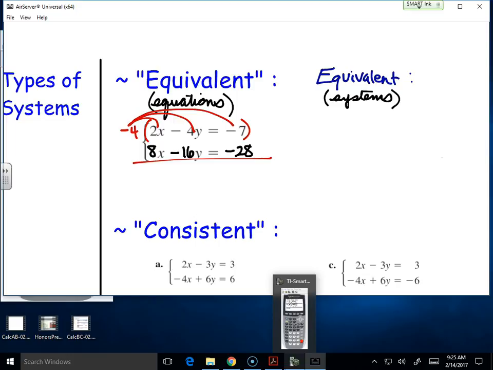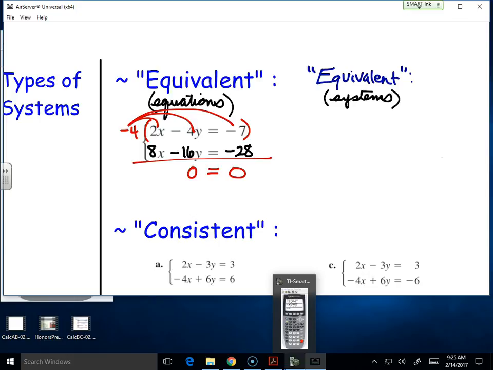And that would be +28, which would cancel. We would end up getting 0 equals 0. When you have equivalent equations in a system, they're going to cancel out because they mean the same thing. They just have different coefficients, but they represent the exact same idea.